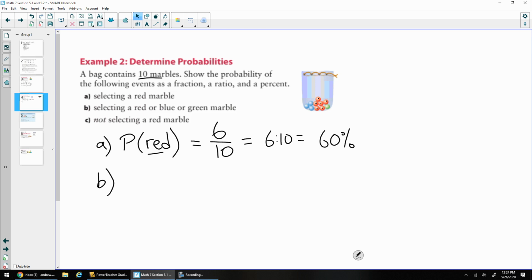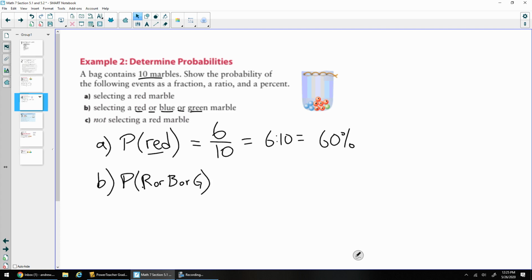So you have a 60% chance of picking a red if you're not looking. B, what's the probability of selecting a red or blue or green marble? Sometimes they'll just show a letter representing each color.